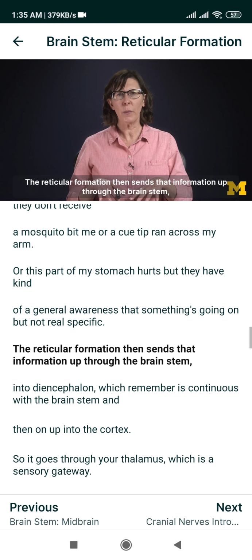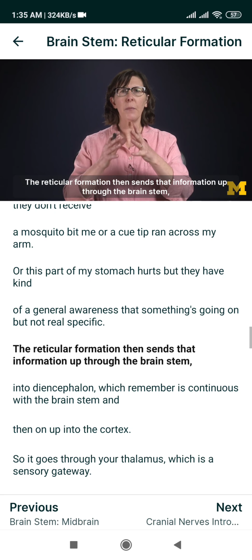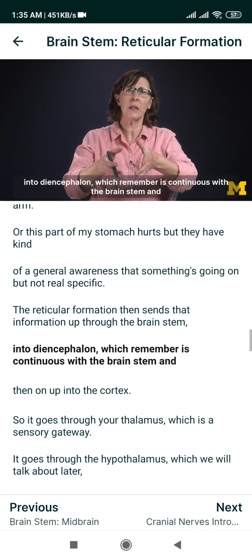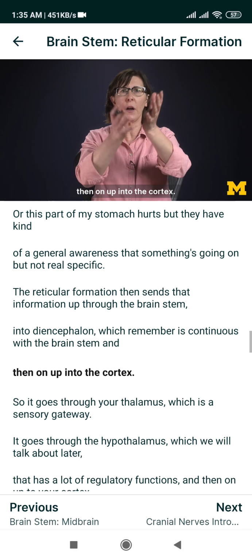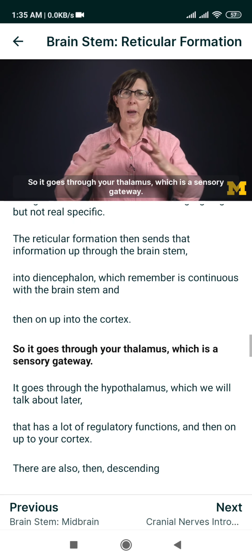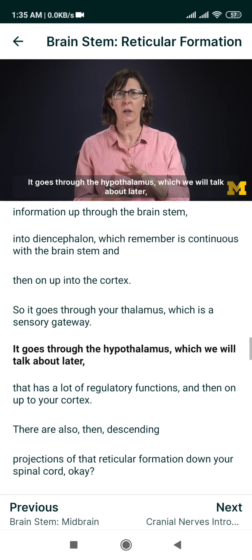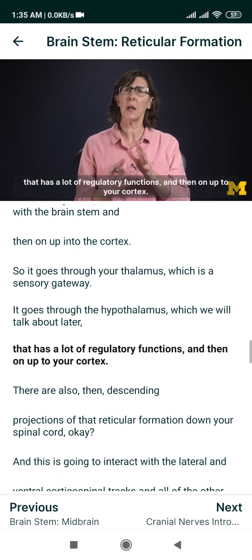But they have kind of a general awareness that something's going on, but not real specific. The reticular formation then sends that information up through the brainstem into the diencephalon, which remember is continuous with the brainstem, and then on up into the cortex. So it goes through your thalamus, which is a sensory gateway. It goes through the hypothalamus, which we'll talk about later, that has a lot of regulatory functions, and then on up to your cortex.